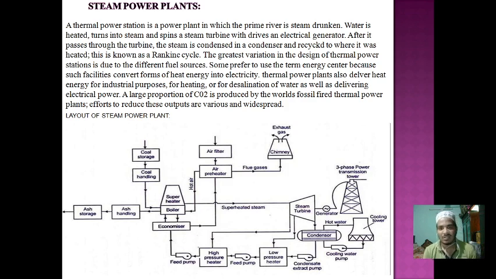The greatest variation in this design is in the thermal power station, due to the different fuel sources. Some prefer to use the term energy center. We can say that the greatest advantage of this steam power plant is that it can use different fuel sources.